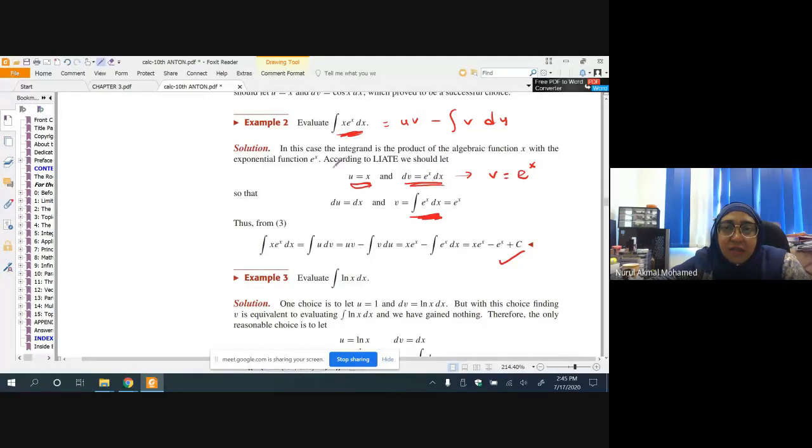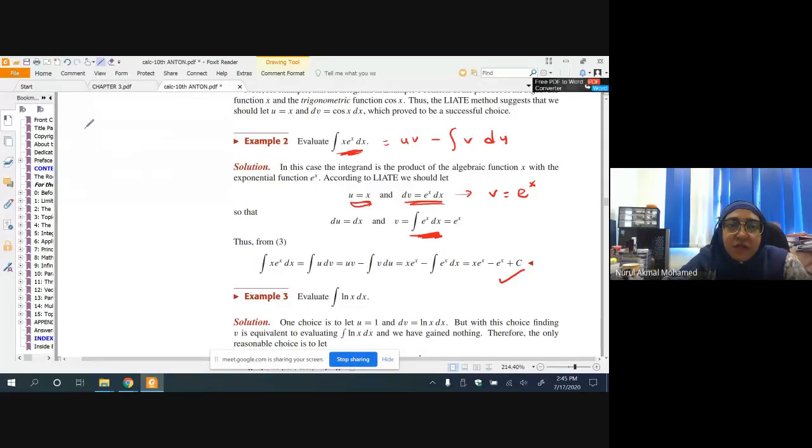You might try what will happen if your choice is u equal to e^x and your dv equal to x dx. So this one will give you du/dx equal to e^x, which means your du is equal to e^x dx. And then from here, you integrate both sides and v will give you x squared over 2.